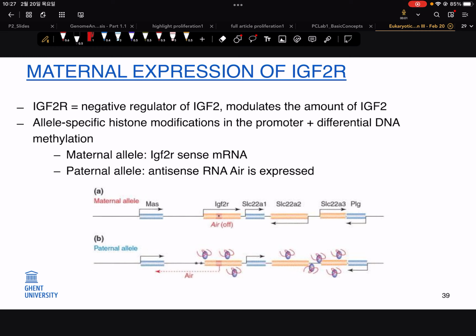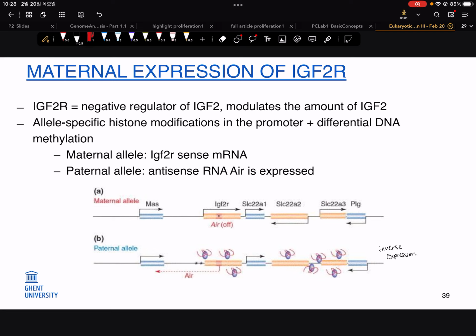Again, the two alleles, the maternal and the paternal allele, have a completely different expression pattern. You see multiple genes here. The one that I'm going to focus on, IGF2R, and some other ones as well, again have an almost inverse expression, not completely inverse, but a different expression pattern between mother and father. Not all of them have that, but IGF2R does.